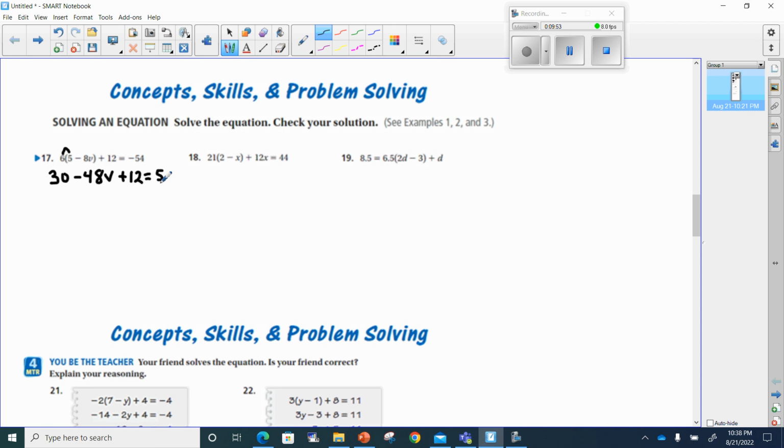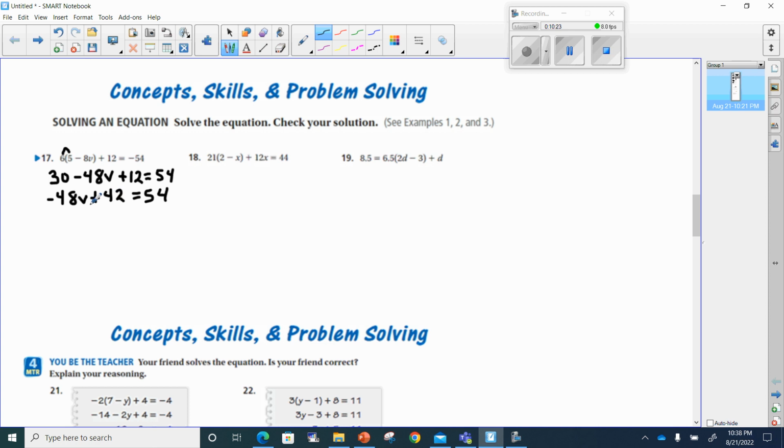Now I look for my like terms. There's none of these that have v with it, but 30 plus 12 I can bring together. So now I'm going to have negative 48v, 30 plus 12, that's going to be 42. That equals 54.